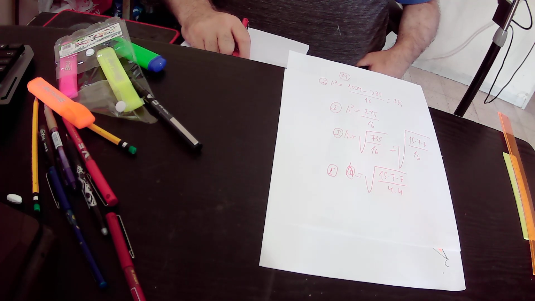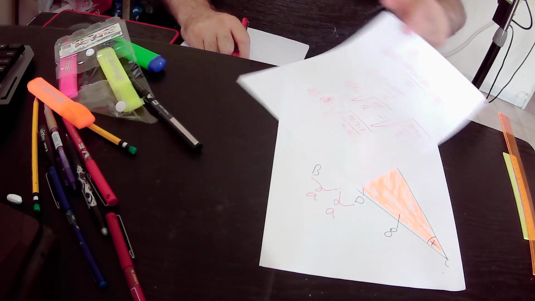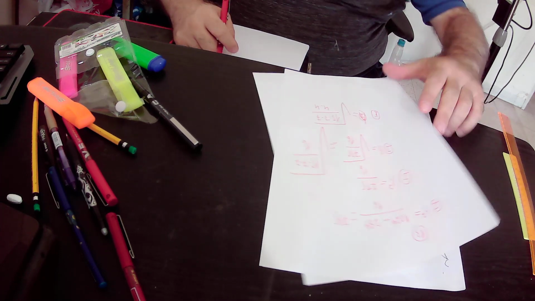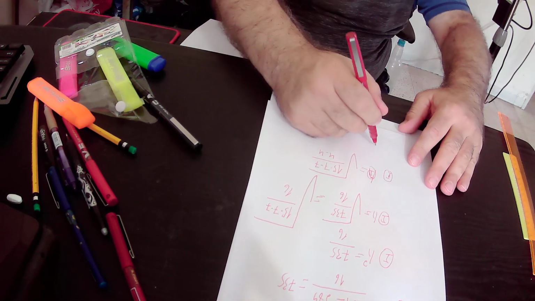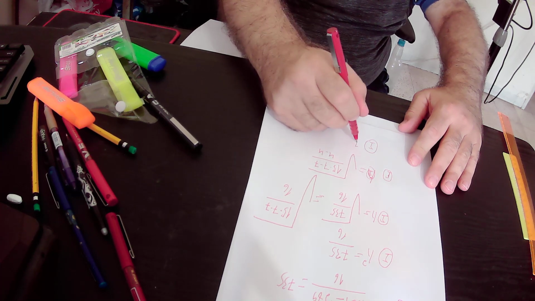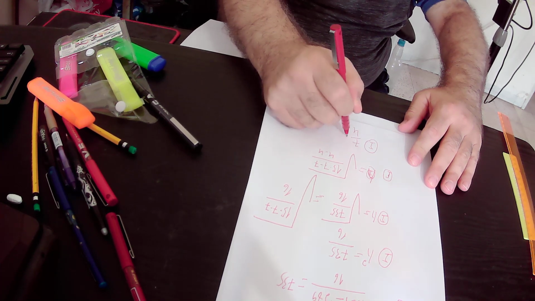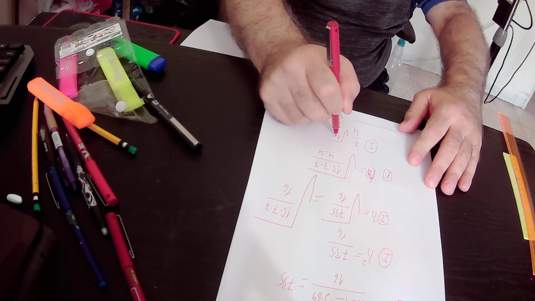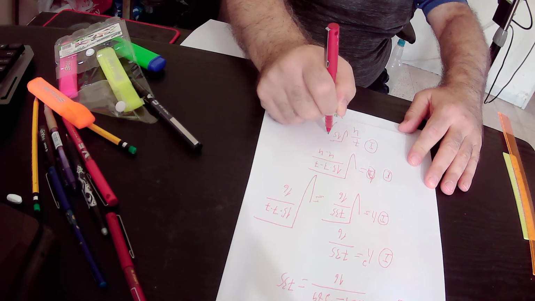The root of 7 times 7 is 7, and the root of 4 times 4 is 4. So we can take 7 over 4 out of the root. So h equals 7 over 4 times root 15 units.